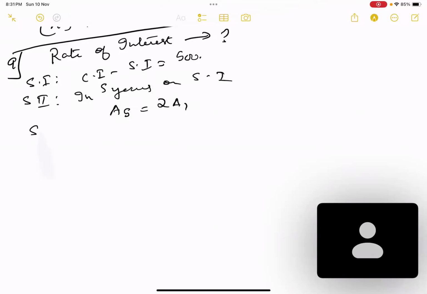And statement 3 says that the simple interest per annum, for the first year or any year, is rupees 2000.